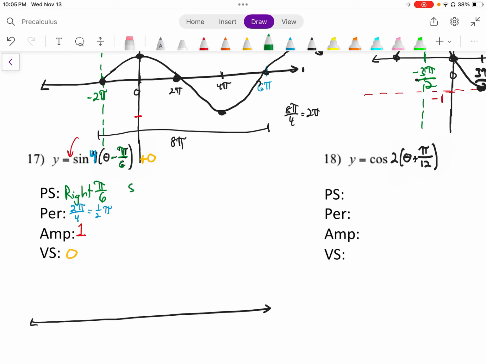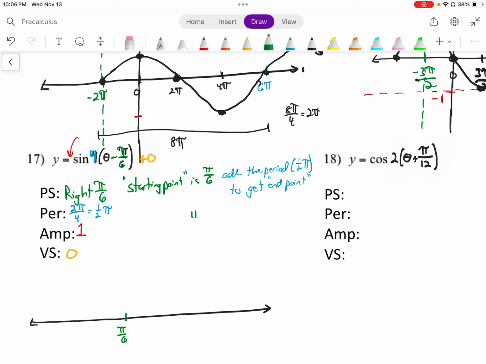Our starting point of our first cycle is pi over 6, and we will add the period, which is 1/2 pi, to get our endpoint of the first cycle. So let's mark this as pi over 6.